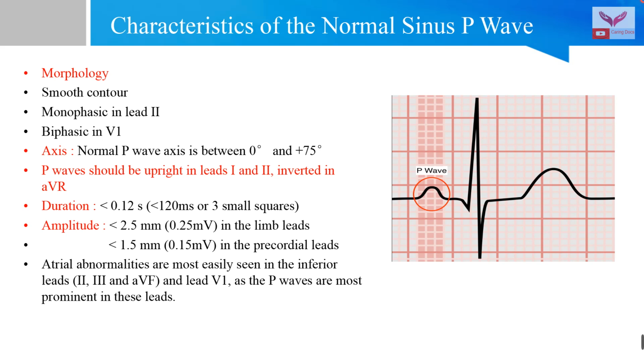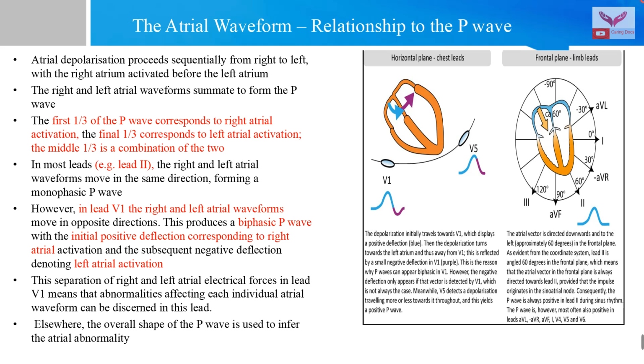The atrial abnormalities are most easily seen in the inferior leads, that is lead 2, 3 and AVF, and in the lead V1, as the P waves are most prominent in these leads. The atrial depolarization proceeds sequentially from right to the left, with the right atrium activated before the left atrium.